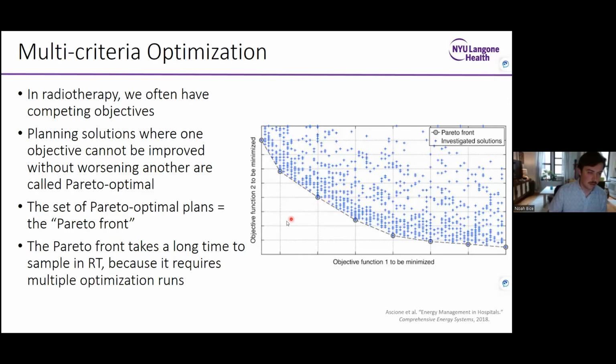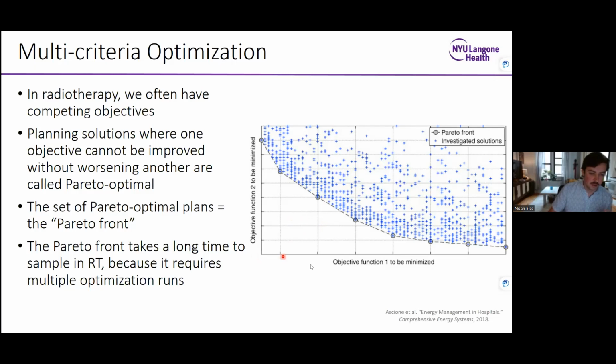There might come a point, if you have a really excellent plan, where you can't increase your prostate coverage without further increasing your bladder dose, and that point is called the Pareto front.